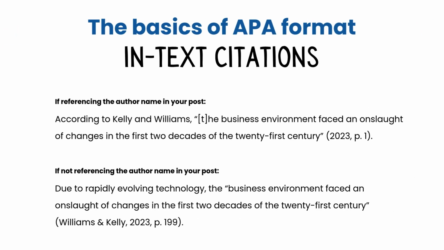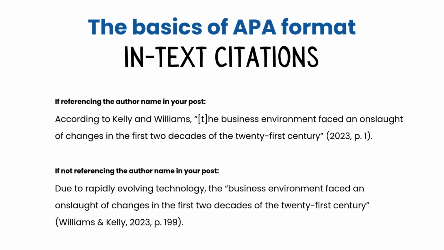In-text citations are much simpler and are used within the body of your paper or post. They provide a partial citation of the full source, telling your reader which source from your references you are specifically citing. If you include the textbook authors' names with the information you're referencing, for example, saying, according to Kelly and Williams, then your in-text citation only needs to include the publication year and the specific page you are quoting from within parentheses.